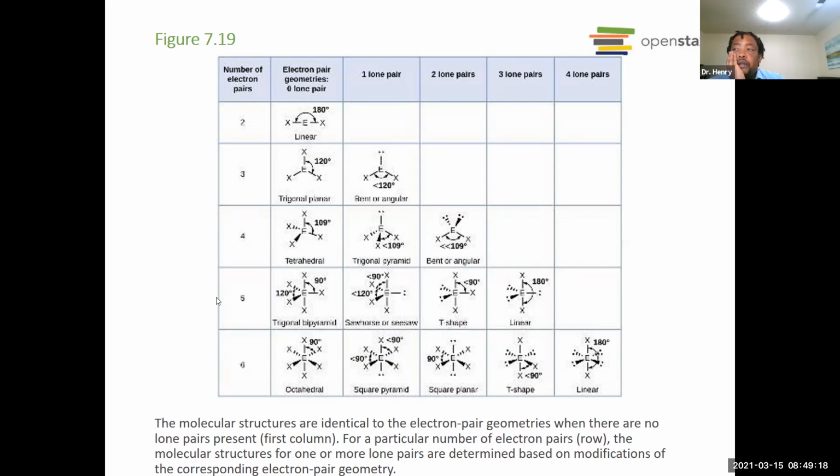So what would be the angles? Well, one is a little less than 90, and the other is going to be a little less than 120. Right.